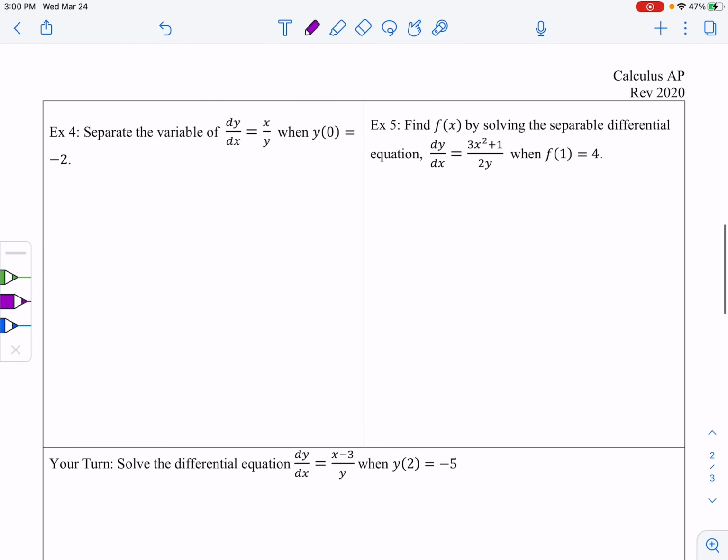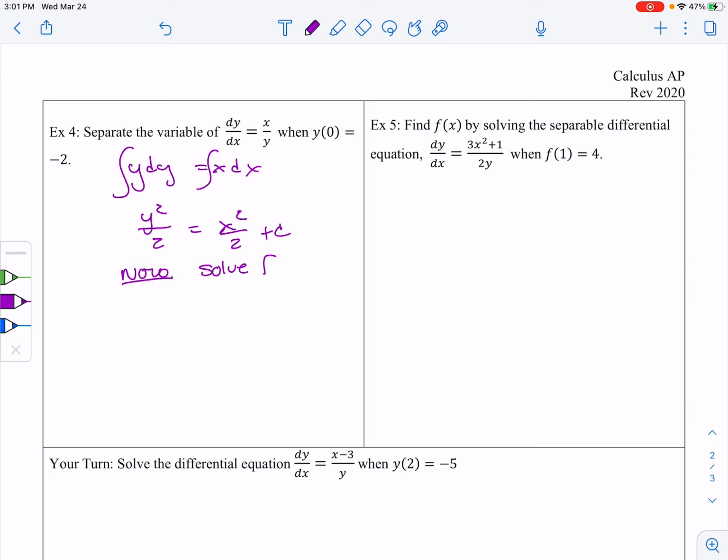Okay? Now we gave us one with initial conditions. So the first thing you do is separate them. So I've got y dy equals x dx. Integrate: y squared over 2 equals x squared over 2 plus c. Now, solve for c. So I plug in my initial conditions.